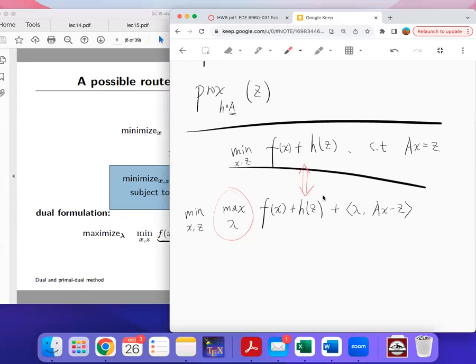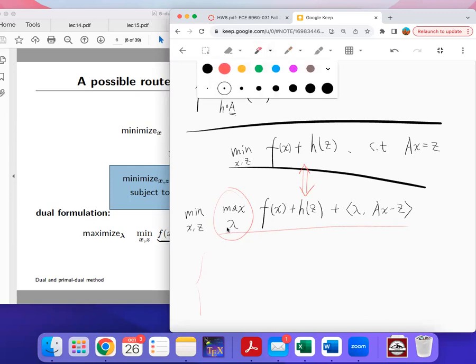Because looking at this part, we can have two cases. For a fixed x and z, we can look at this inner maximization problem. If you give me an x and a z, I can maximize over lambda.